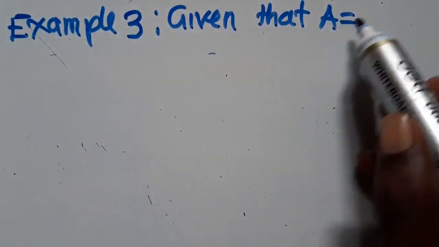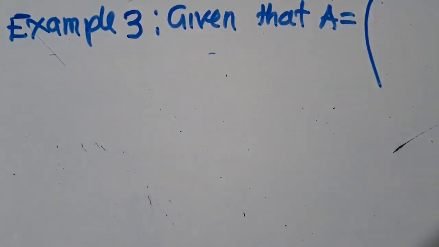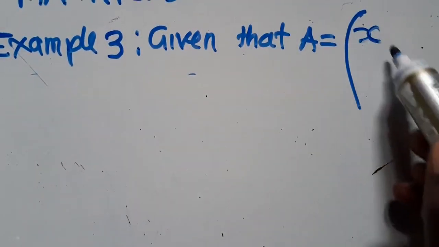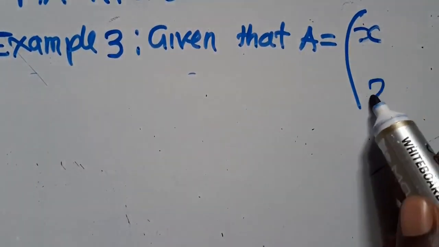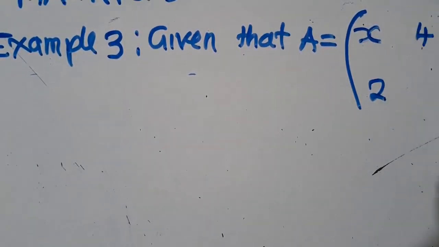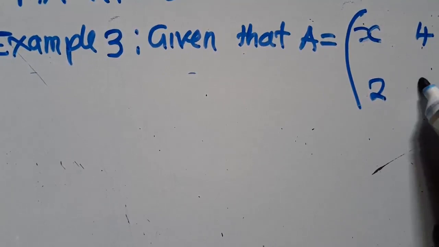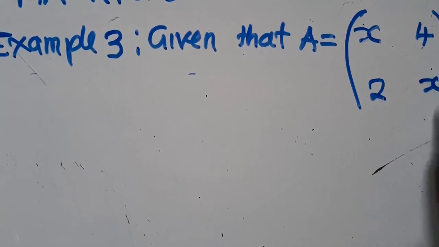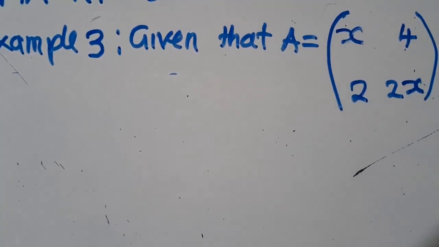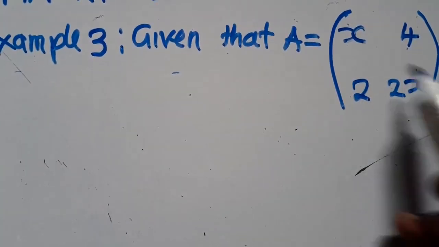So given that A is equal to, I'll use the same question. This is example 3. A is equal to x, here you've got 2, there you've got 4, then here we've got 2x. This is how given that A is equal to that.